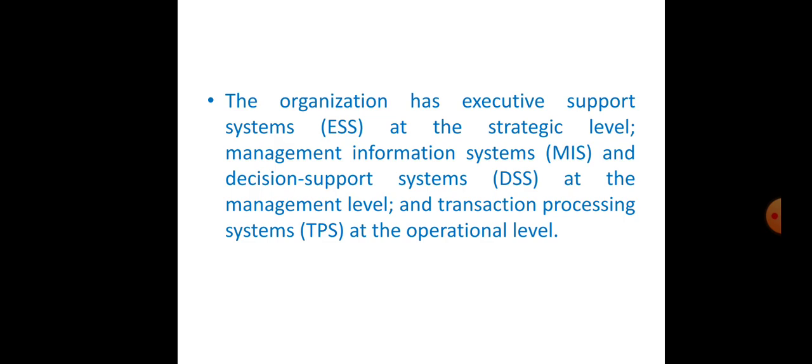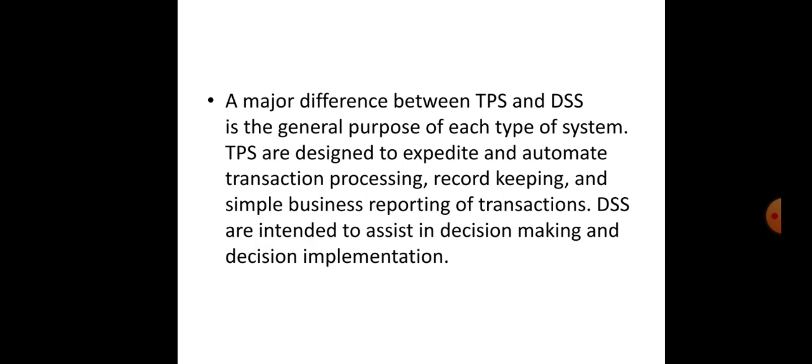In an organization we come across different types of information systems, like the executive support system, ESS, and MIS at the strategic level, DSS, decision support system, and TPS, transaction processing system, at the operational level. So at different levels of an organization we will be using these types of information systems.